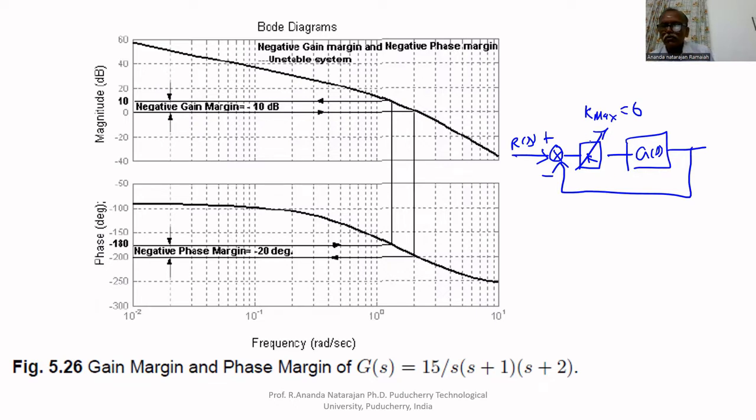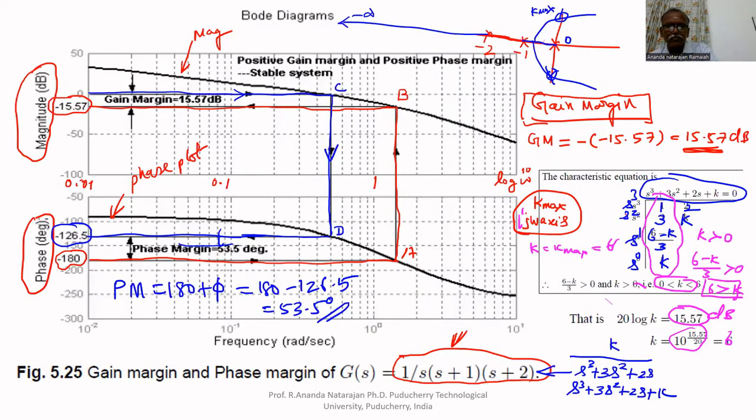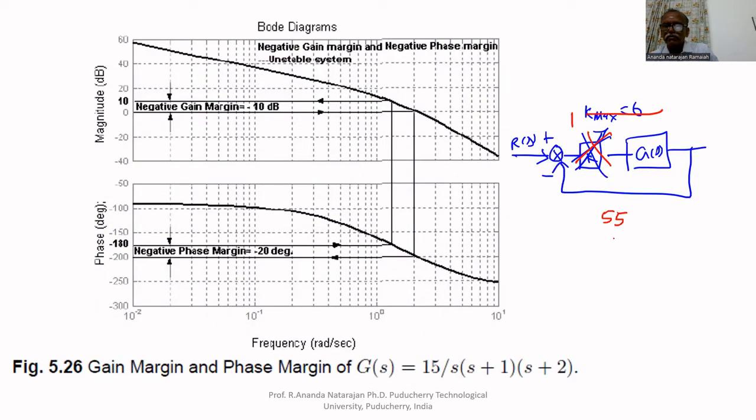Or, keeping the gain as such, that is in this case 1, if you increase the phase shift of the system by 53.5 degrees, then also the system will be on the verge of instability.